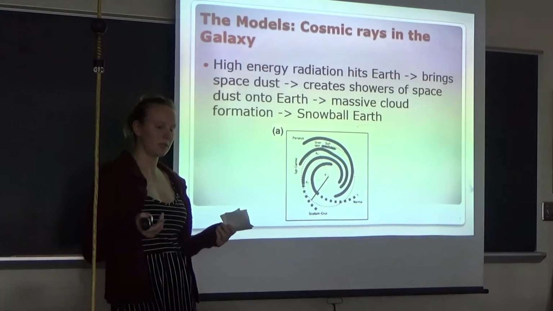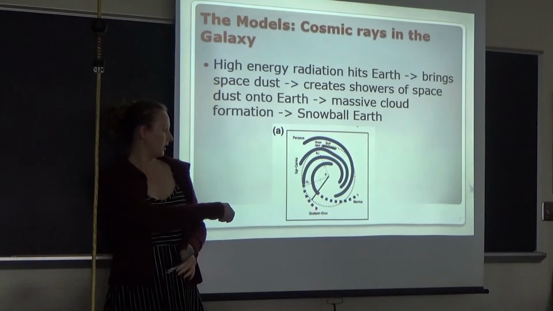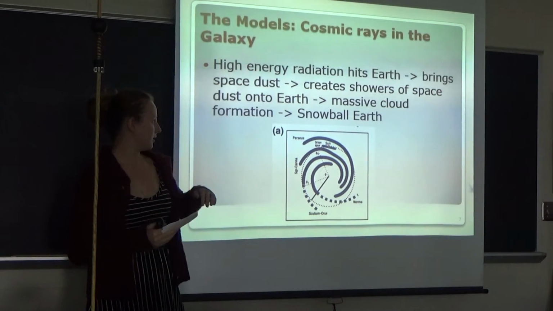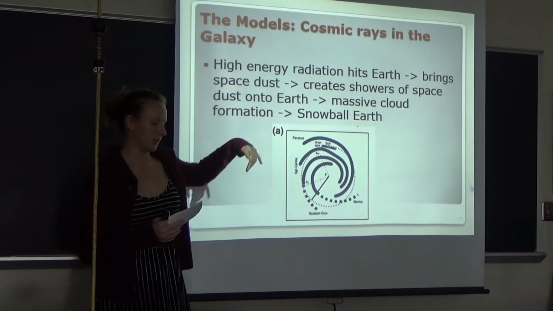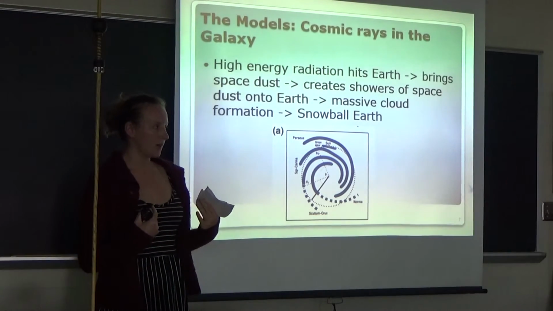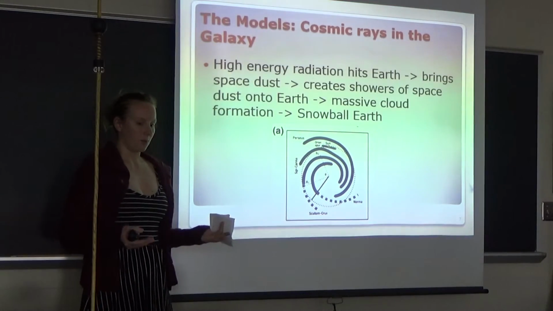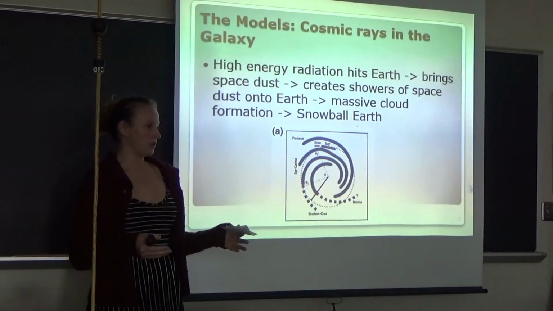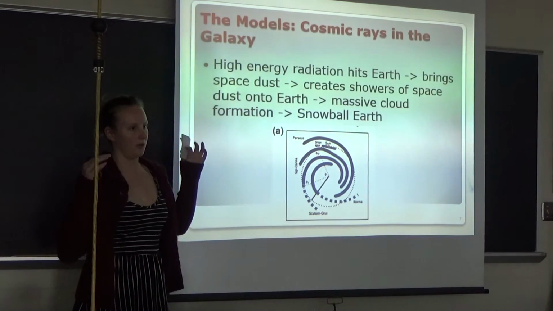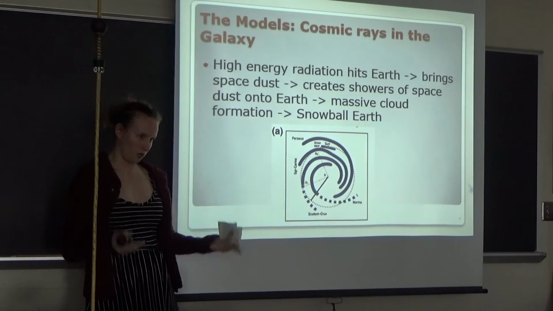And then the fourth one is the cosmic rays in the galaxy, where this dotted line is the orbit of our solar system within the galaxy, and anytime it crosses one of these galactic arms, which are the thick blue lines, is when we get bombarded with a lot of cosmic rays and gamma rays, and it really creates this process where we have higher energy radiation hitting Earth, which brings in the space dust, and then that gets trapped in our atmosphere, and we have the heavy cloud formation which reflects all of the sunlight, and Snowball Earth happens.